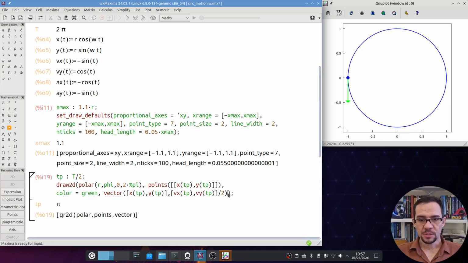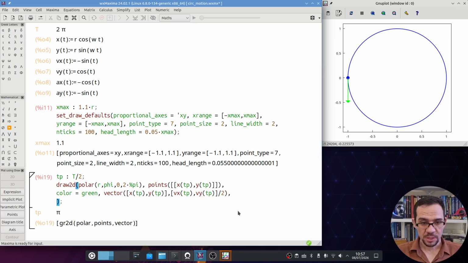We can also insert the representation of the acceleration vector. That is also very important in this motion. So I'm going to put this vector there in red. And its components are these.